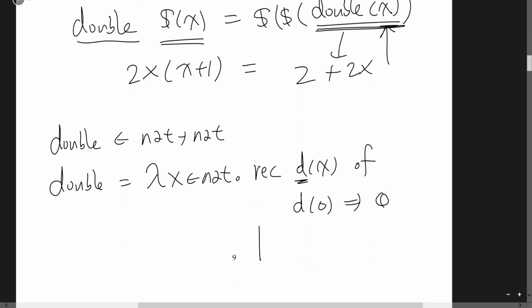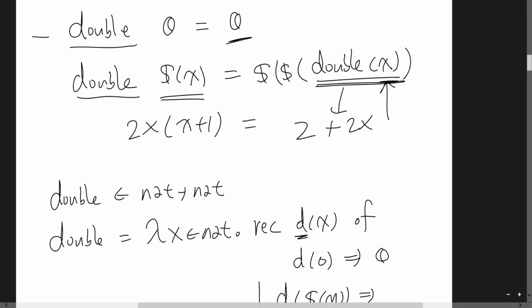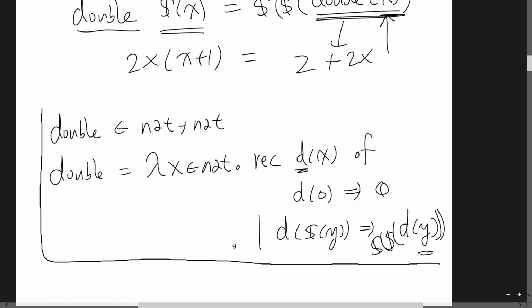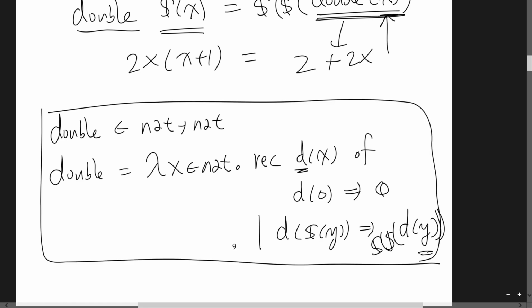Or if this is successor of something, then you make a recursive call first with a smaller argument y, and then apply successor function twice. So that's all. So this is the recursive function using this new form of elimination.